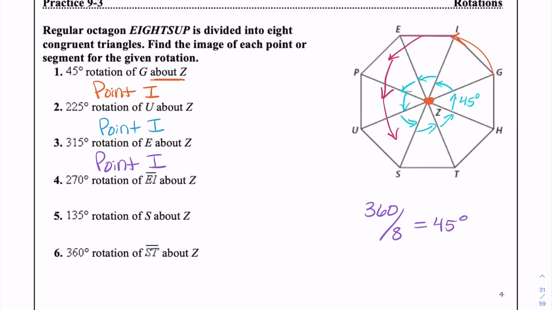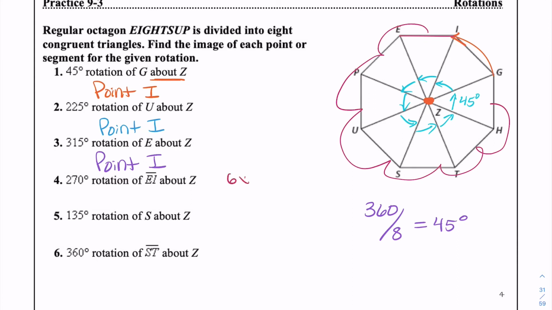Hold on. So I'm going 6: 1, 2, 3, 4, 5, 6. 6 times 45 degrees is 270 degrees. Therefore, EI goes to GH.